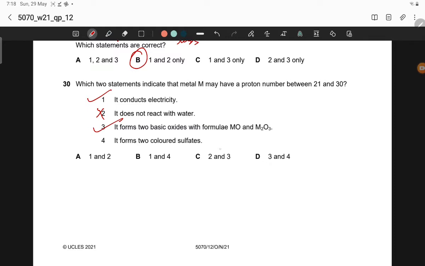It forms two colored sulfates. Yes, it is correct. So 3 and 4 are correct. There is no option for 1, 3 and 4, so it must be D.